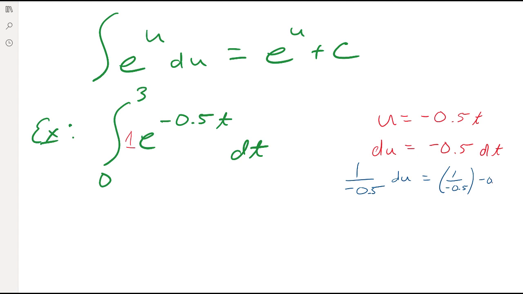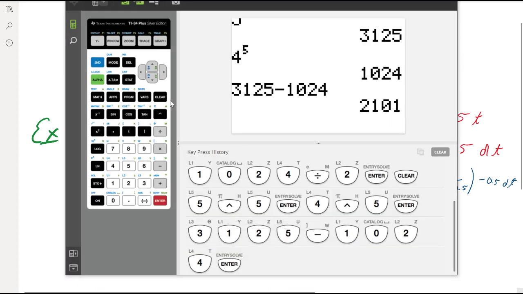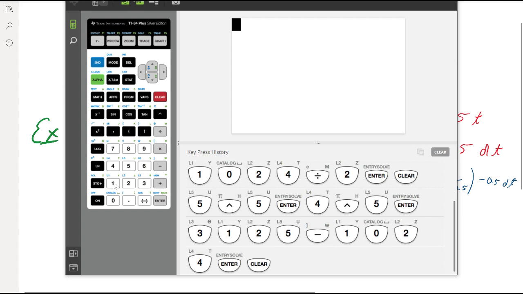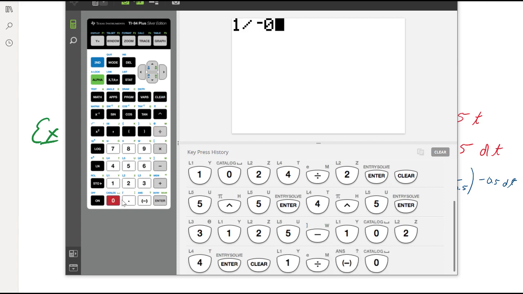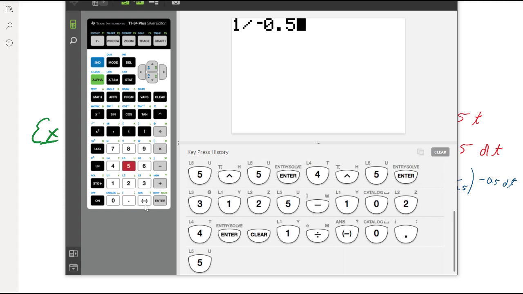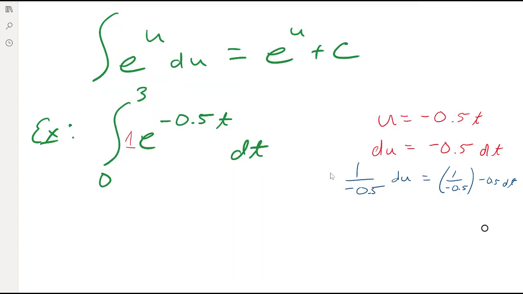If you go to your calculator, 1 divided by negative 0.5 is going to be negative 2. So we have negative 2 du equals positive 1 dt. So that's what we need, right?